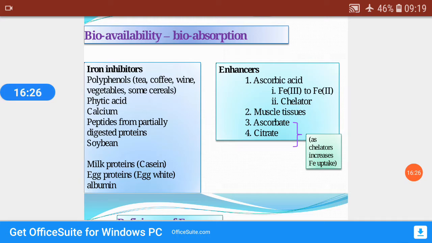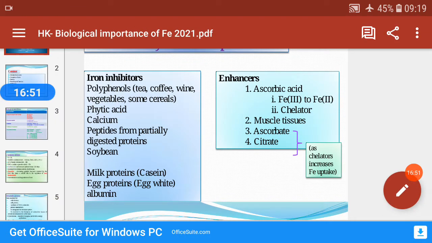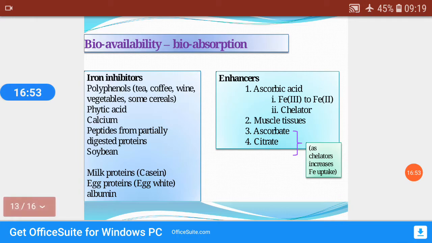Next is phytic acid, calcium, peptides from partially digested proteins, soybean which inhibit the iron absorption, as well as the milk proteins, casein, and egg proteins, that is egg white, albumin. Also there are certain clinical study reports that suggest some of these chemicals, when present in excess amount, inhibit the iron absorption in human beings.